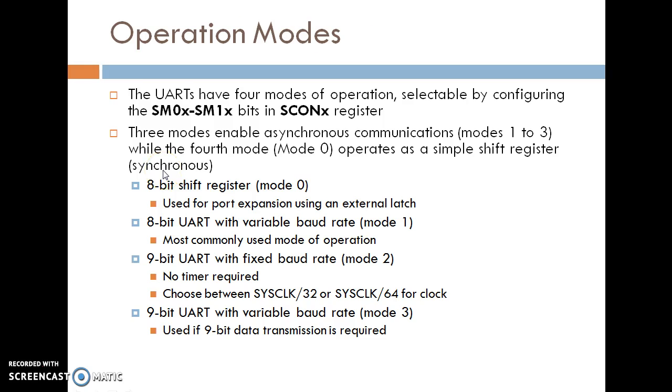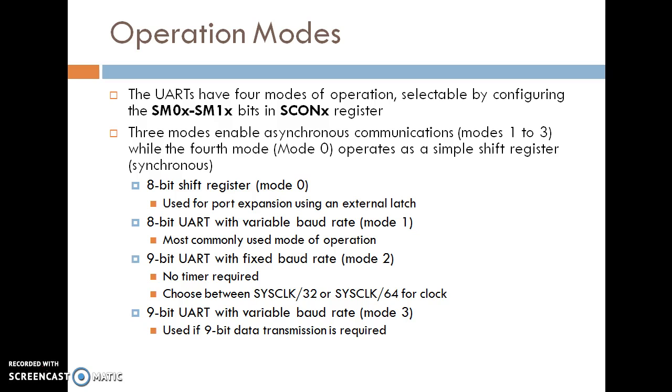Next one is the operation modes. SM0 and SM1 bits in the SCON register are used to configure the mode of operation. There are three modes that enable asynchronous communication, that is mode 1 to mode 3, while the fourth mode, that is mode 0, operates as a simple shift register. So mode 0 represents the 8-bit shift register.